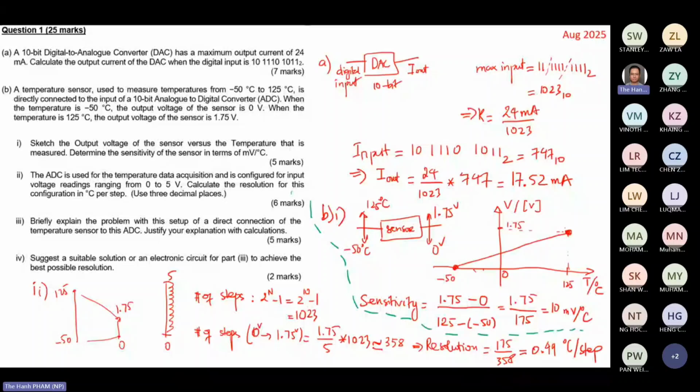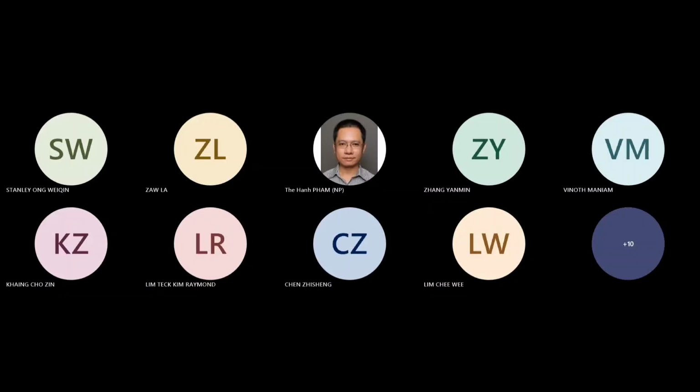Okay, let's send the format in the chat. So I will send this one now.